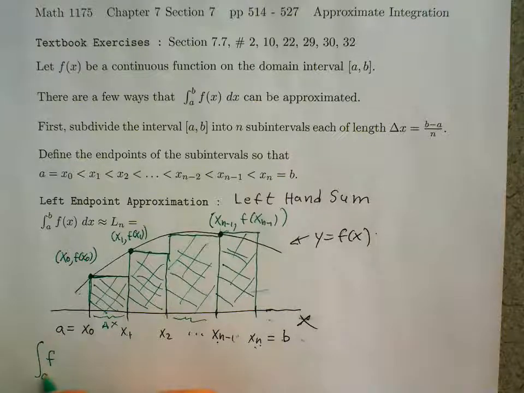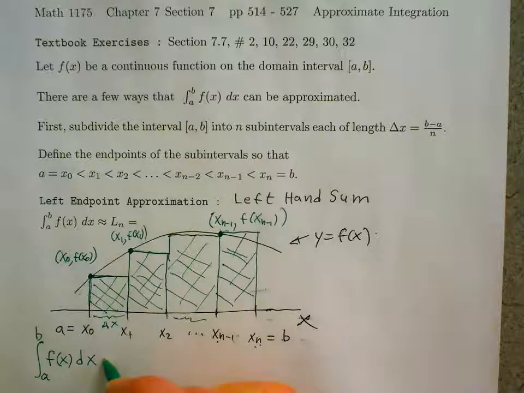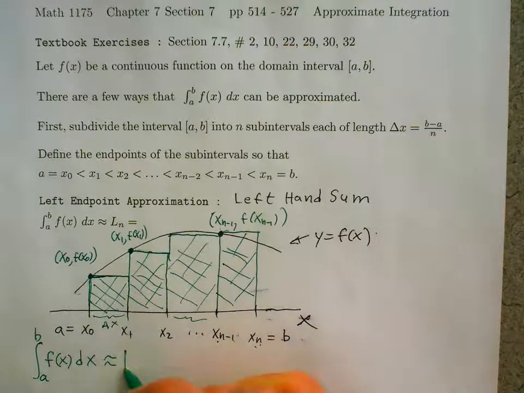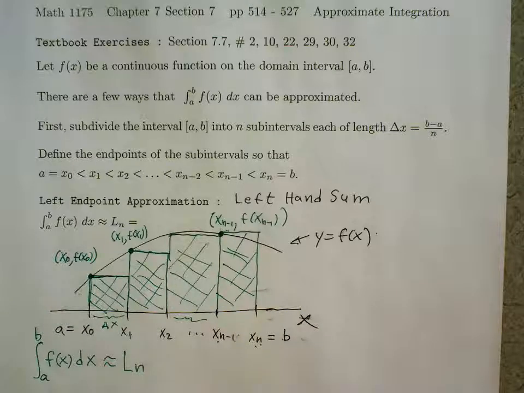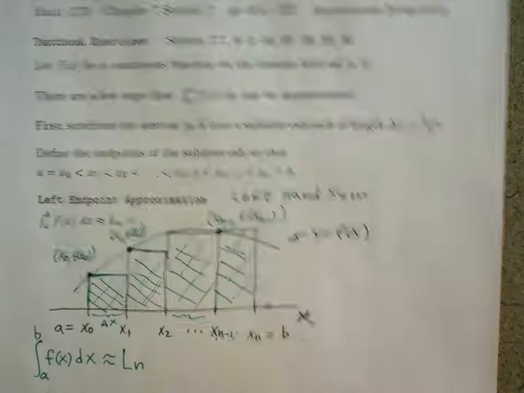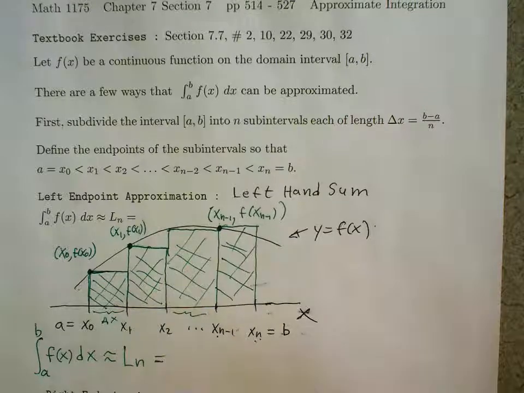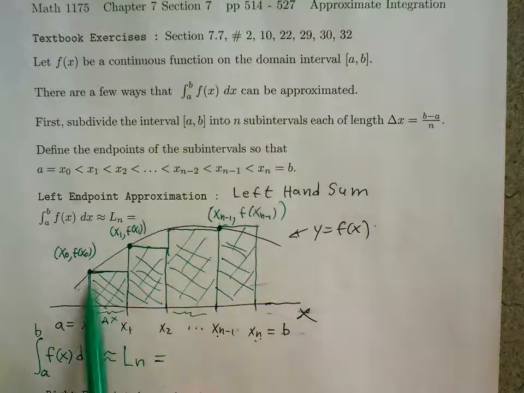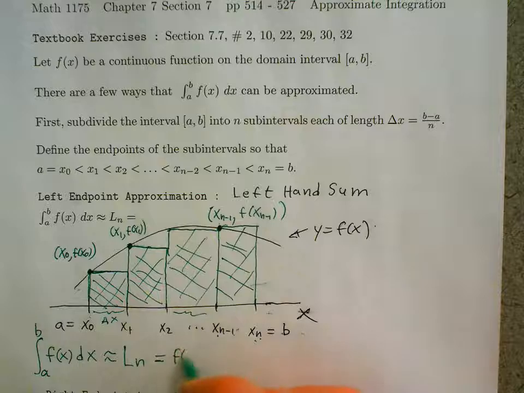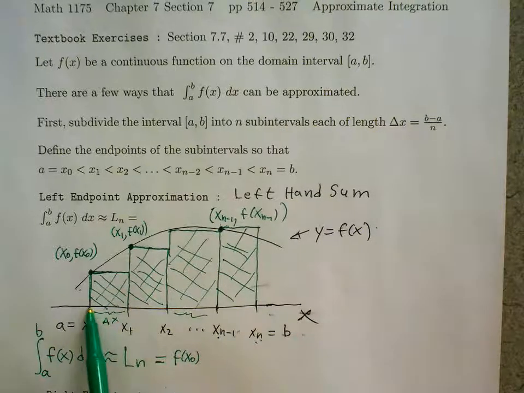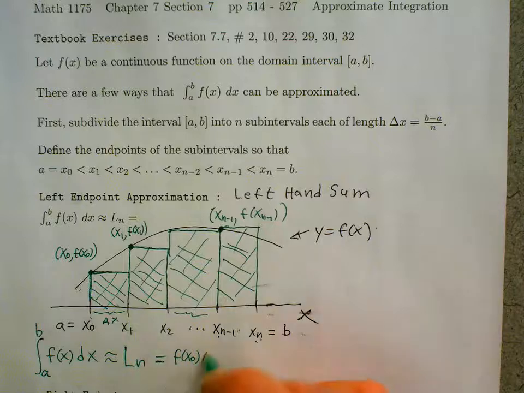So the integral from a to b of f of x dx is approximated by the left endpoint approximation, or the left-hand sum. Well, what's the first term in the left-hand sum? The first term is the area of the first rectangle. The height of the rectangle is f of x sub 0, and the horizontal length of that side is delta x.